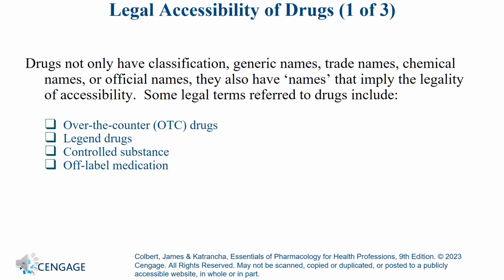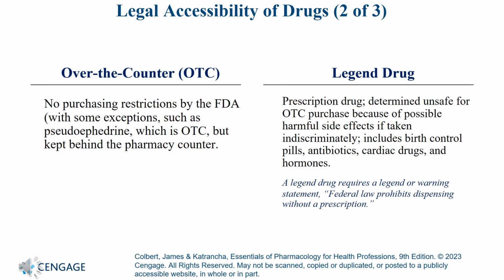Drugs not only have classification, generic names, trade names, chemical names, or official names, they also have names that imply the legality of accessibility. Some legal terms that refer to drugs include over-the-counter drugs, legend drugs, controlled substances, and off-label medications.